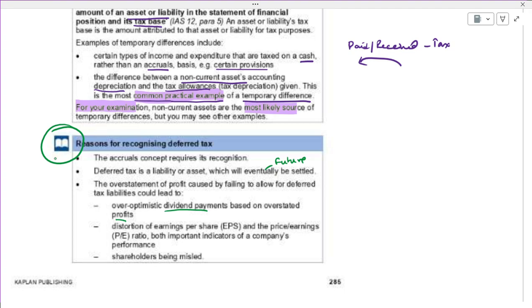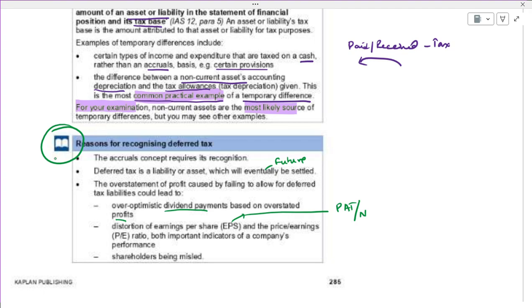Distortion of earnings will always affect earnings per share. Why does it affect earnings per share? Because what is the formula? Profit after taxes divided by number of shares. This all comes with respect to profit after taxes.